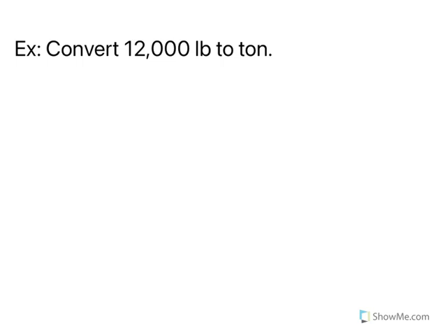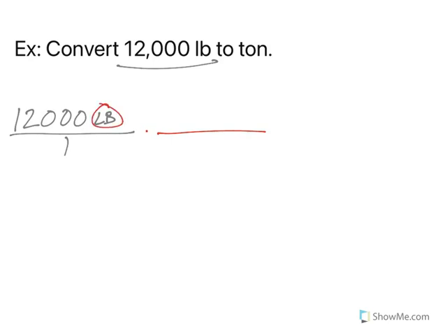Let's convert 12,000 pounds to ton. I start with what I'm given, 12,000 pounds. Again, because I have pounds, it's all about the labels. Because I have pounds in the numerator, I'm going to put pounds in the denominator of my next one. And the identity ratio is that 2,000 pounds is equal to 1 ton.